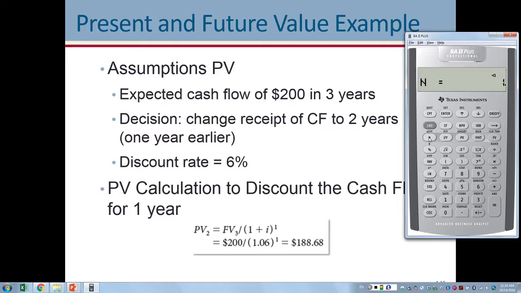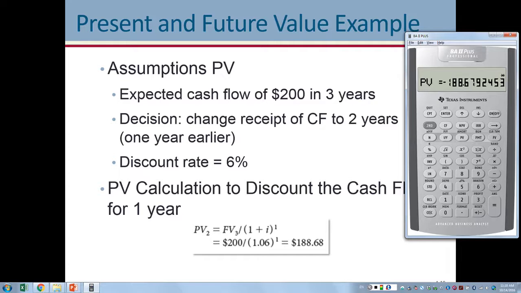We're moving it from 3 years to 1 year. Therefore, we want to know the equivalent in 1 year. The discount rate is given as 6%, and we don't have this, and $200 is the amount we expect to receive. We're going to compute present value, and this is the same as this, right?